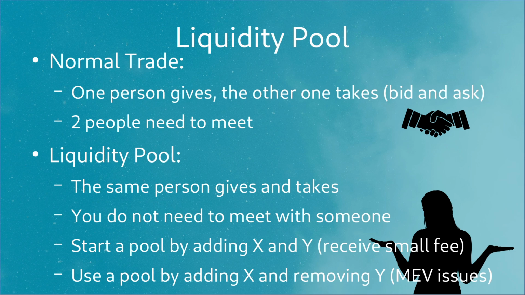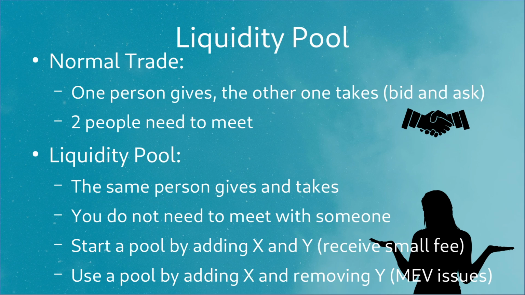So people came up with the idea of creating liquidity pools, which work like this. Someone has two tokens, X and Y, and he makes both tokens available somewhere on the blockchain, and he says to other people, you can take out one token if you put in the other token. And that's a liquidity pool.